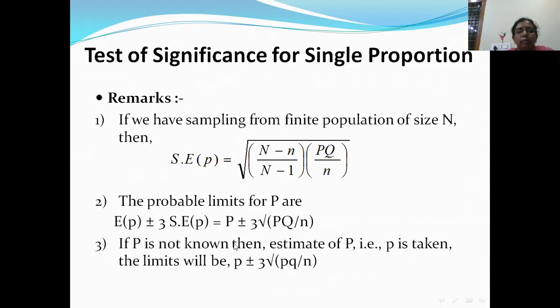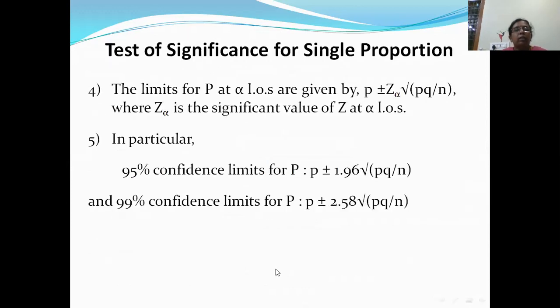If capital P is not known, see here you have capital P in these limits. If capital P is not known, then we estimate capital P using small p, because expected of small p is equal to capital P. Then the limits will be small p plus or minus 3 root of small pq by n.